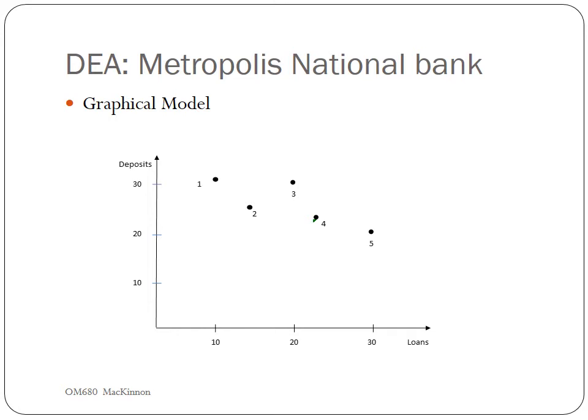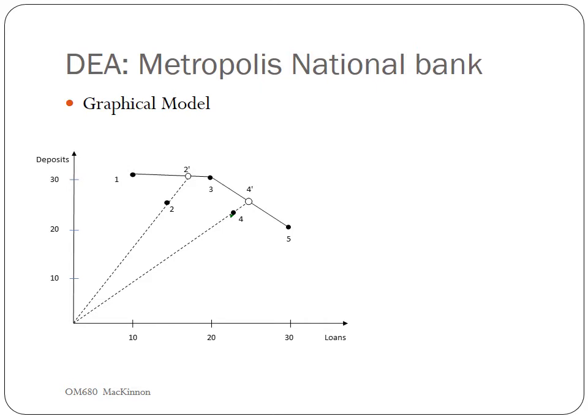Now if we draw a line between our efficient branches, 1 to 3 and 3 to 5, we can call this an efficient perimeter, if you will. Now let's extend the line from the origin through 2 and through 4 until it reaches our efficient perimeter. Where it intersects that line, we call that 2 prime and 4 prime.